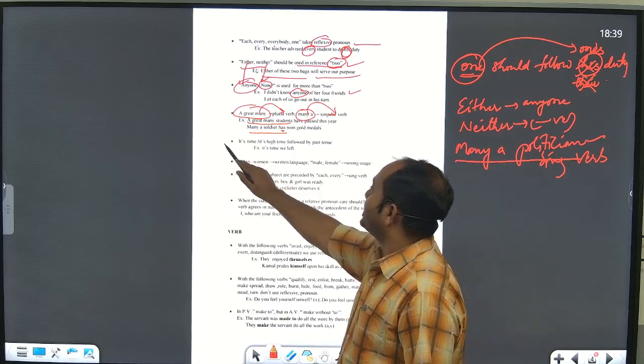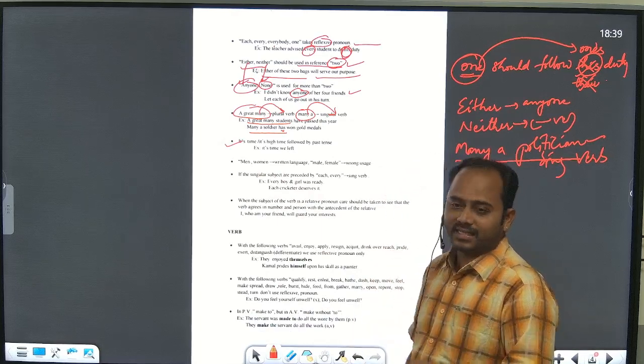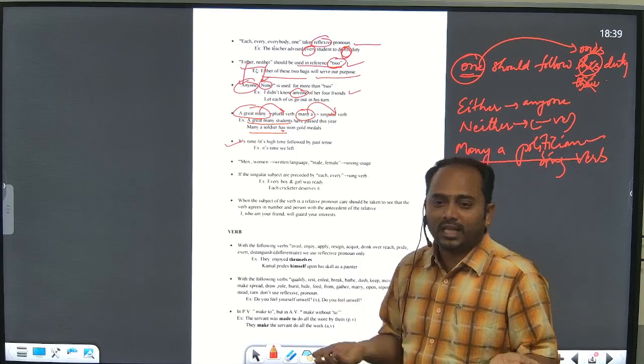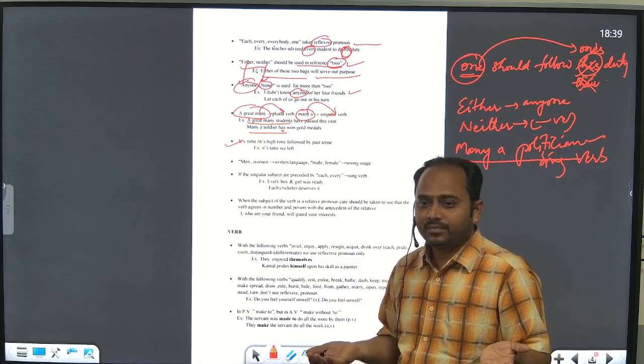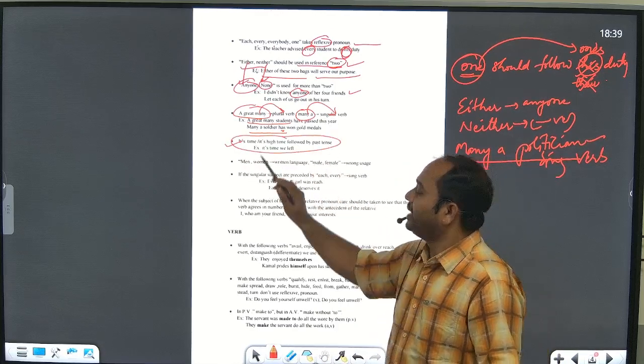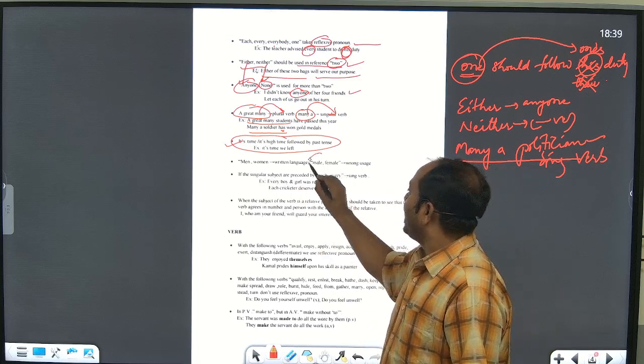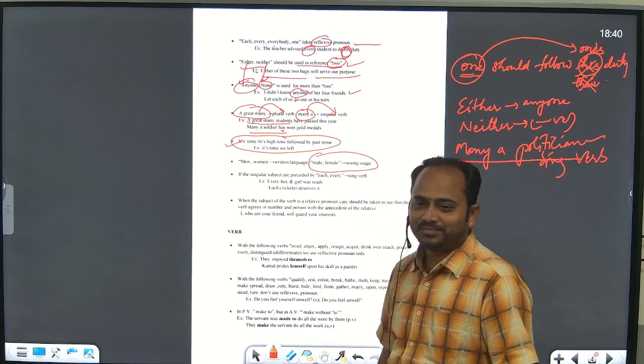Next, it's time or it's high time. Generally, it is followed with the past sentence. It's high time, we left. So, it's time or it's high time, it indicates generally the past time. And generally, male and female is the wrong usage.